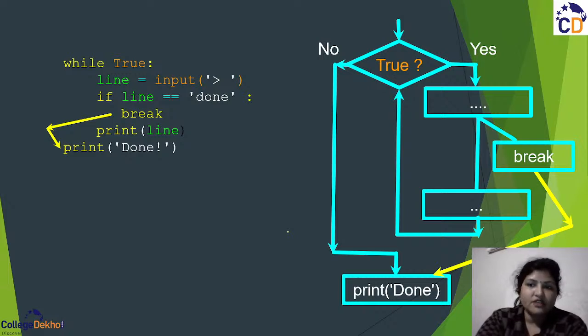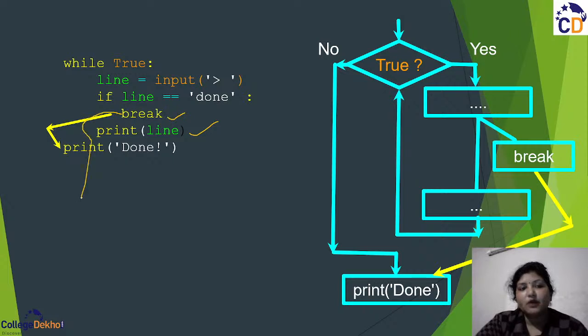Now within the if statement, if the block is having the break part, how to come out of the loop? If the condition is false, you may directly jump to the next statement. No need to execute this line, right? The word break is meant for coming out of the loop, right?